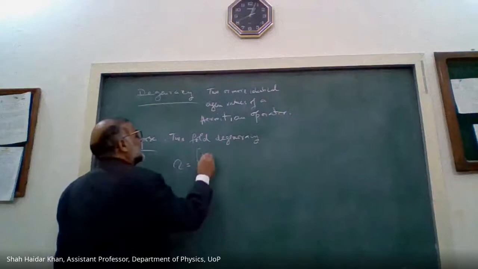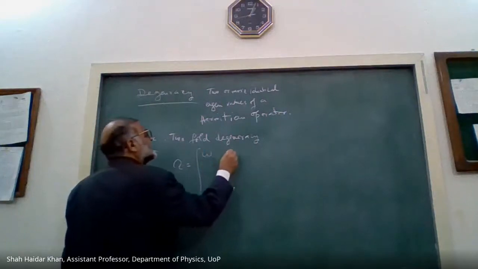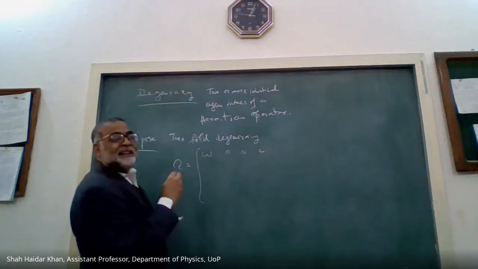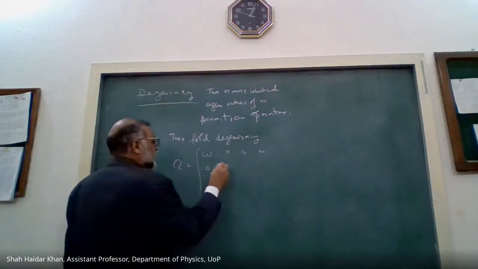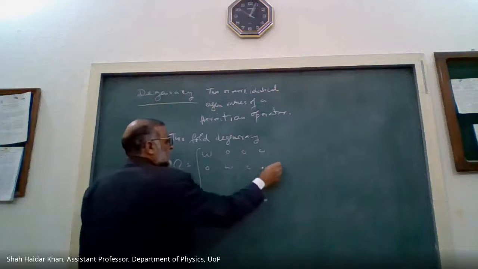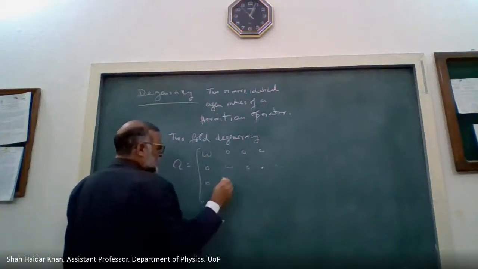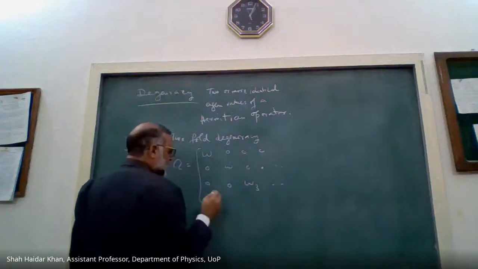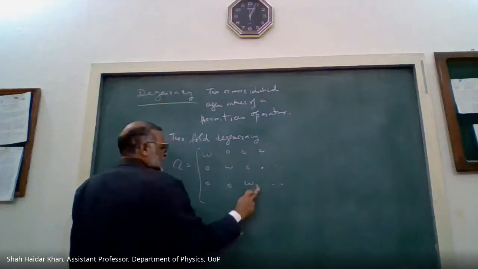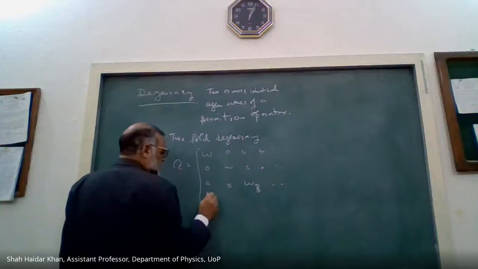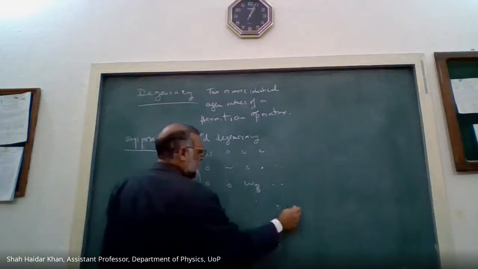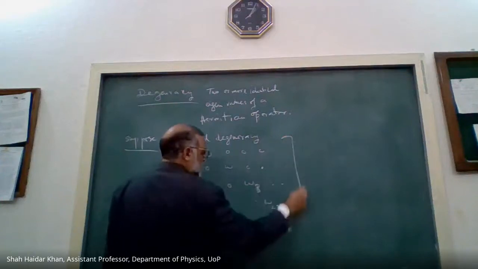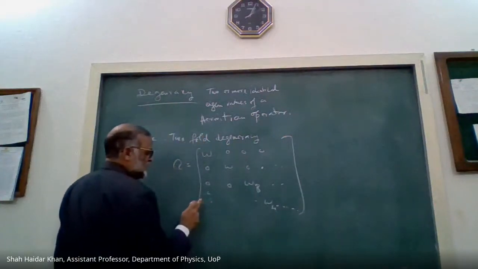Omega 0, 0, 0. Suppose it is in the diagonal form. And omega 0, 0. And here 0, 0. And here we have omega 3 or something like that. Whatever you call it, 0, 0. Omega 4, and so on, right?